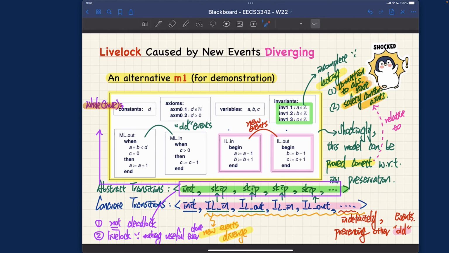Let me summarize, and then we can move on. Number one is about being able to preserve the invariants, which is not very useful, because the invariant itself is not complete. Number two, when we look at the new events specifically, because every new event corresponds to some skip at the abstract level, we really want to make sure these two events do not diverge, because if they diverge, they wouldn't allow any occurrence of other old events over here.